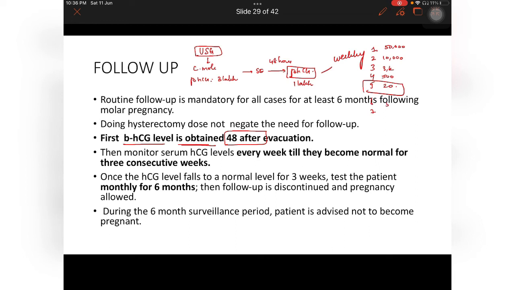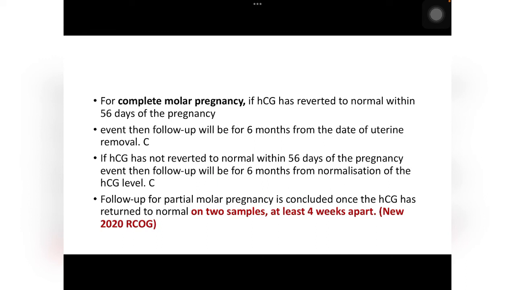If on 3 consecutive values it is 5 or less than 5 or whatever, then we are going to start repeating monthly. For a complete mole, usually beta HCG reverts within 56 days. So the follow-up is going to be for 6 months from the date of uterine evacuation in such cases. But if the HCG doesn't revert to normal within 56 days, then you have to follow her up for 6 months from the normalization of HCG.